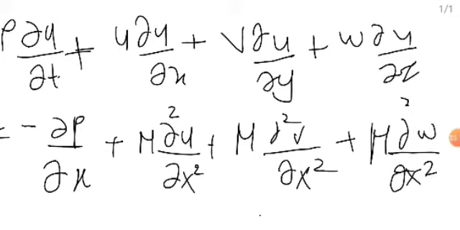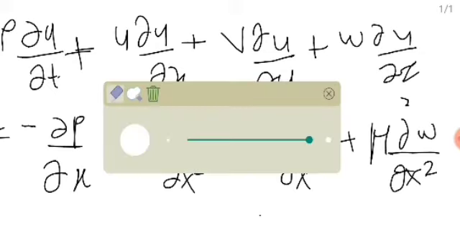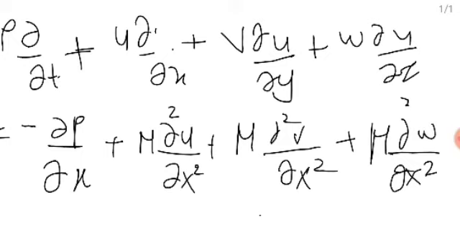Similarly in the y direction you have ρ ∂v/∂t plus u ∂v/∂x plus v ∂v/∂y plus w ∂v/∂z is equal to minus ∂p/∂y plus μ ∂²u/∂y² plus ∂²v/∂y² plus ∂²w/∂y². So what all things we have changed here, you have changed these things.